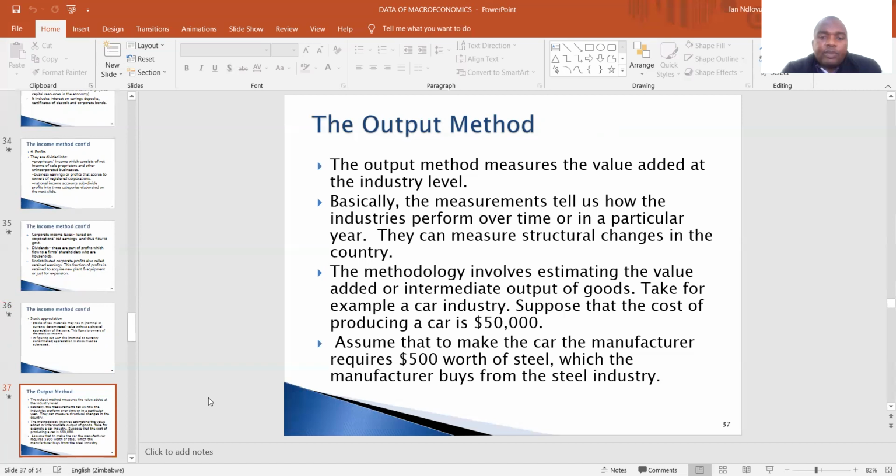Take, for example, a car industry. Suppose that the cost of producing a car is $50,000. Assume that to make the car, the manufacturer requires $500 worth of steel, which the manufacturer buys from the steel industry.